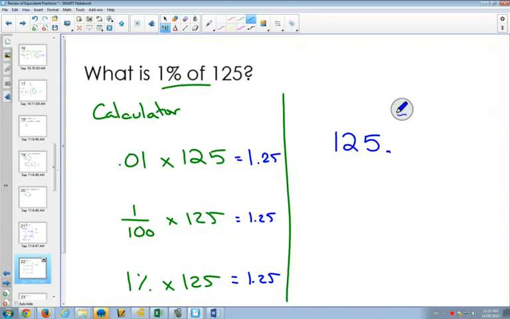Mental math-wise, just doing it without your calculator, 1% moves it over twice. So for both 1% and 10%, those are the quick ways that you can figure things out. Now here's two for you to try. Here's the first one.